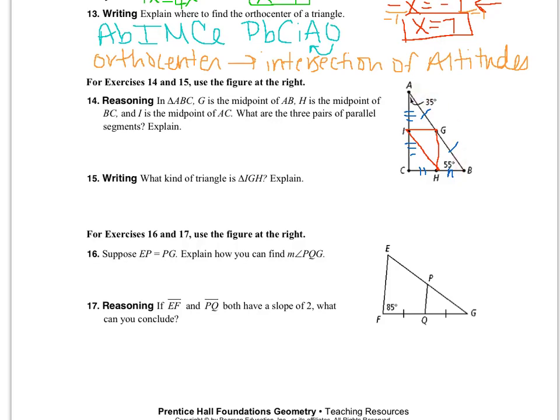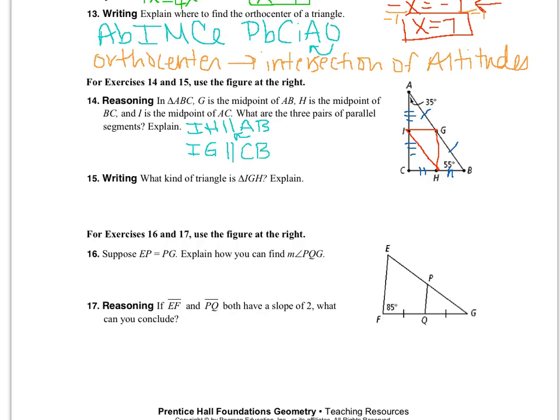So for this problem, I have 3 sets of parallel segments. They are IH parallel to AB. And remember, we can use that cool parallel symbol so we don't have to write it a million times. IG parallel to CB.